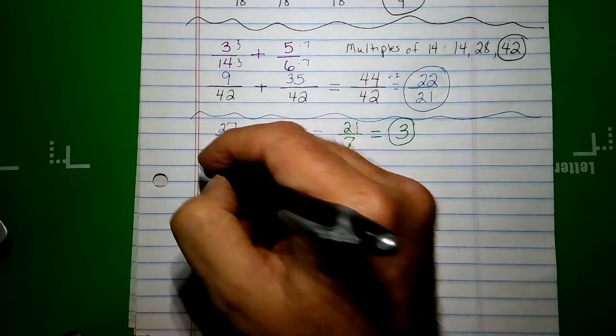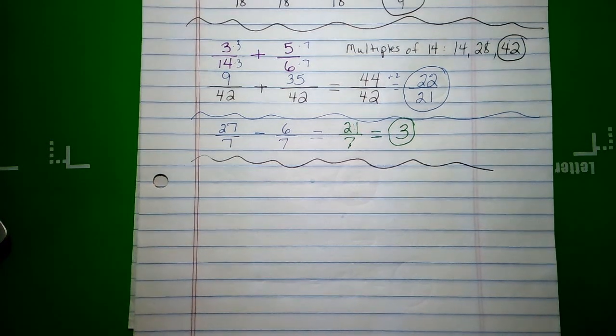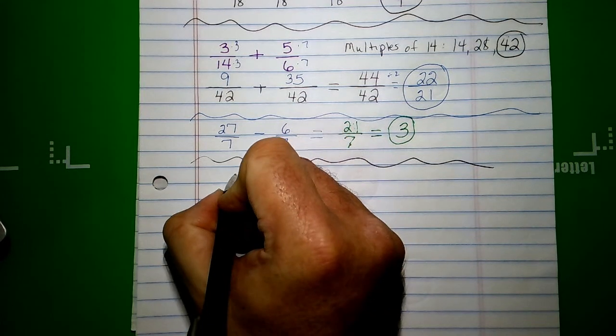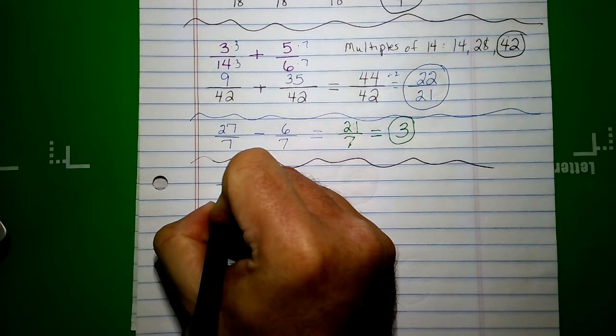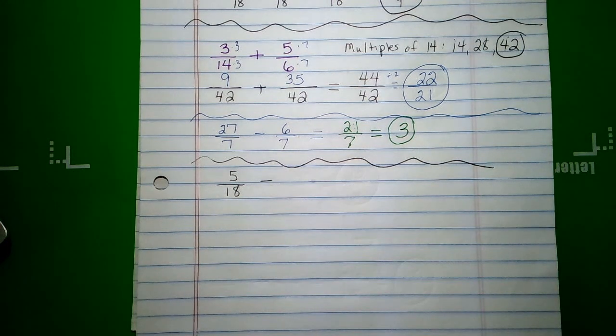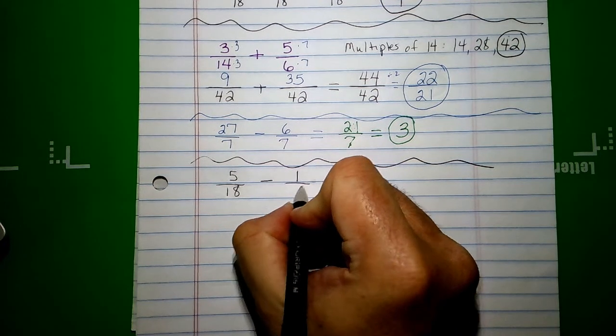Let's see. Now let's do one where there's not a common denominator. How about this one? 5 over 18 minus 1 over 27.